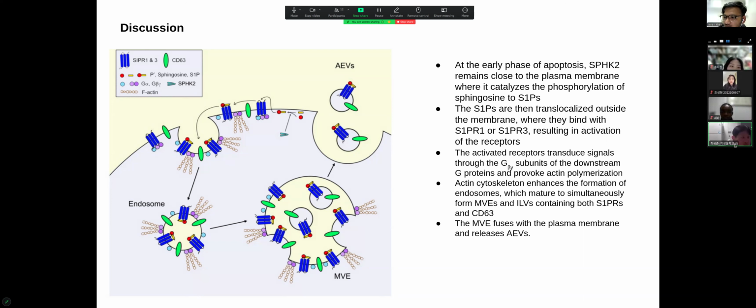So I believe a drug inhibiting PI(4,5)P2 or cholesterol would change the plasma membrane distribution of the sphingosine 1-phosphate receptor. You understand? This is my hypothesis. Okay, hypothesis.